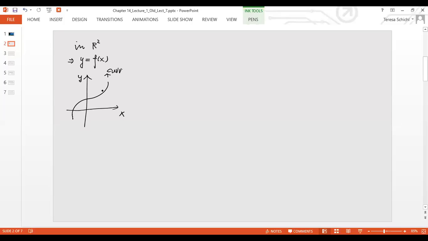Okay. So now in R3, we have 3 variables. Then we say z is equal to a function of x, y, all right? So when z is equal to the function of x, y, then the graph of this one is in x, y and z.